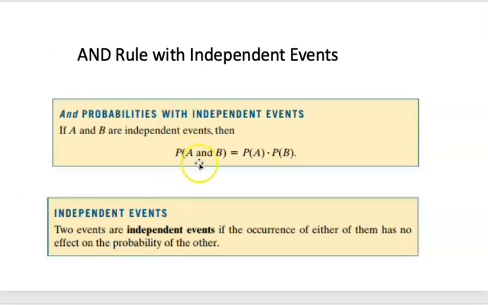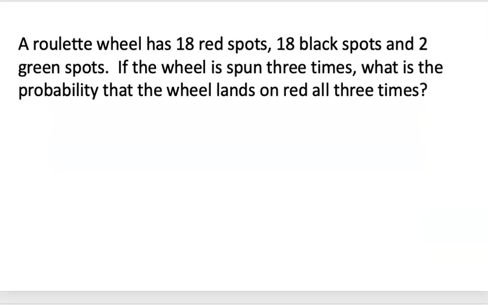So again, we've established our rule, right? Our rule being probability of A and B is probability of A times the probability of B if A and B are independent events. But we can also extend this to 3 events. So here's our case, same roulette wheel. If the wheel is spun 3 times, what is the probability that the wheel lands on red all 3 times?